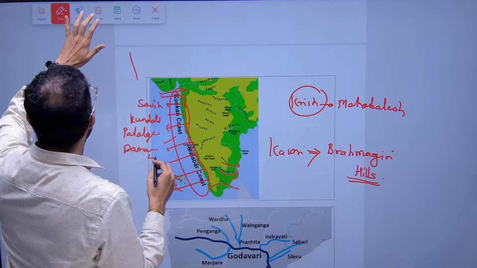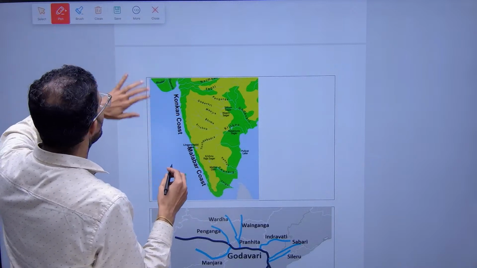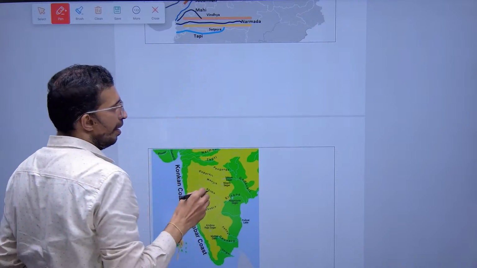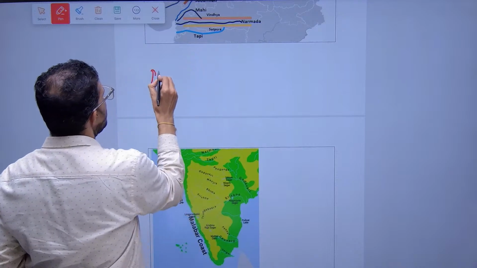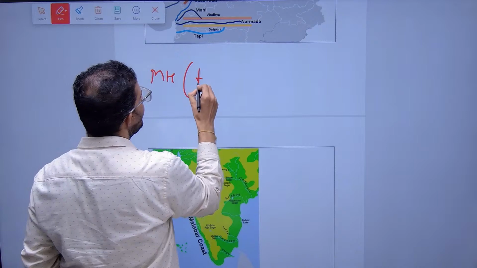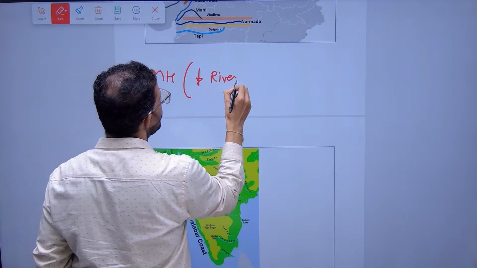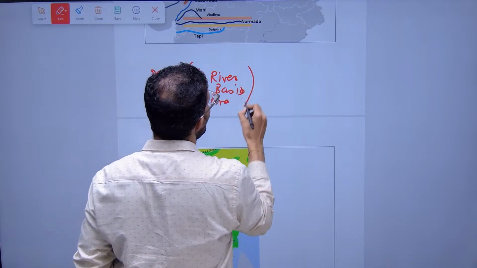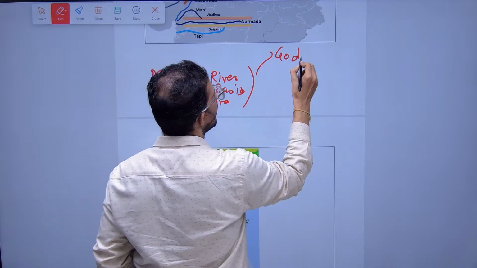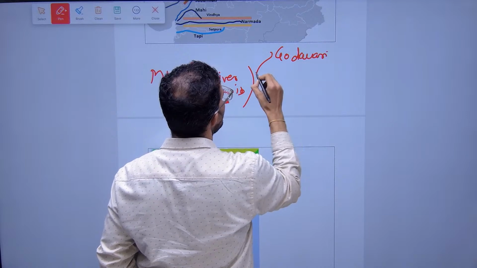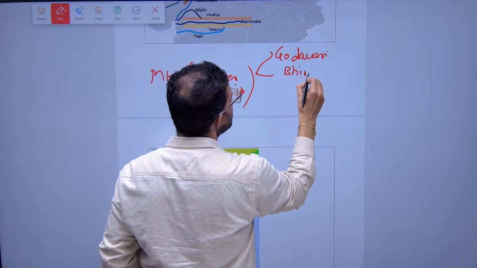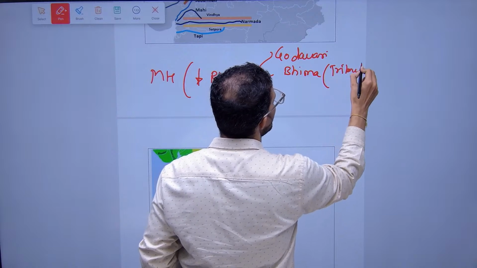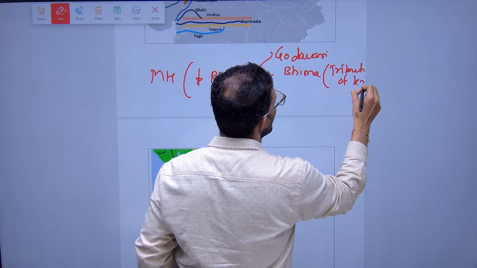If we see Maharashtra, particularly, I am talking with respect to Maharashtra, the decreasing sequence of river basins with respect to area. The largest one is the Godavari. Please write it down. Next one is the Bhima. Bhima is the tributary of Krishna.